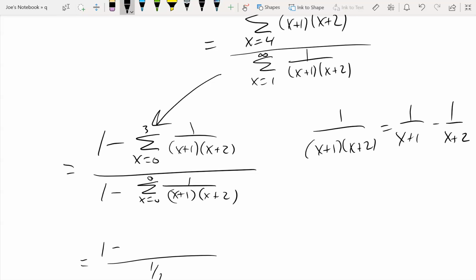On top we would have 1 minus a half plus, what do you get when you plug in 1? A sixth. When you plug in 2, you get a 12th. And when you plug in 3, you get a 20th. One times 2, 2 times 3, 3 times 4, 4 times 5.